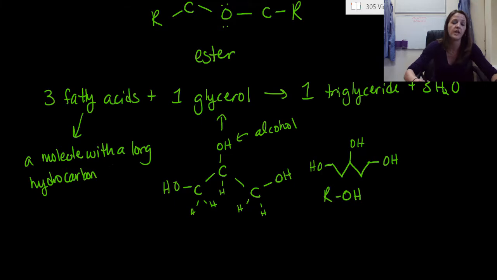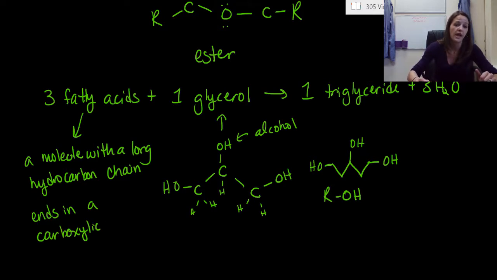So hydrocarbon chain, meaning it's only comprised of carbon and hydrogen. Okay, so a long, long hydrocarbon chain that ends in, here's our third group we're going to talk about, a carboxylic acid.